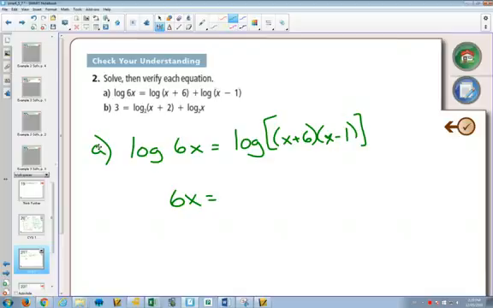So if log of 6x equals log of x plus 6, x plus 1, what do you think 6x should equal to?